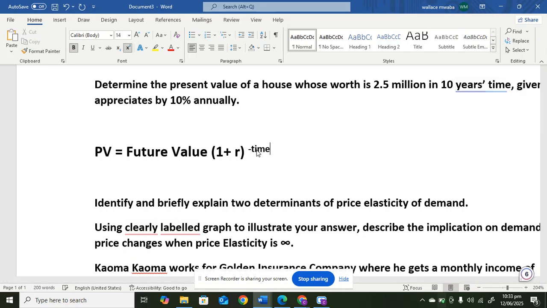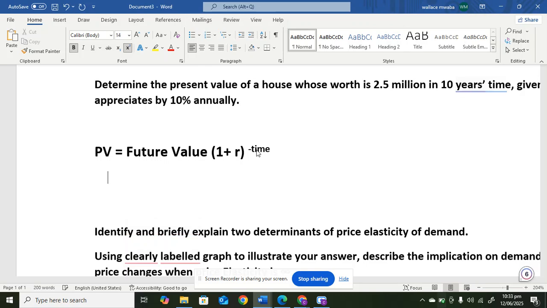Okay. So here our future value is 2.5 million. Open brackets, 1 plus our discount rate, which is this 10%. So 10% as a decimal is 0.1, to the power negative, since it is in 10 years' time, so the power negative 10.